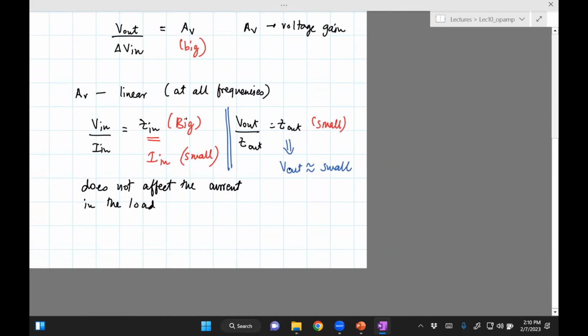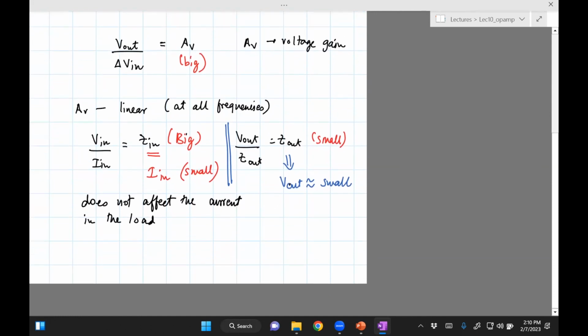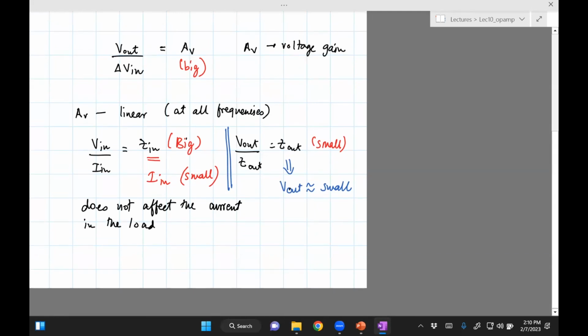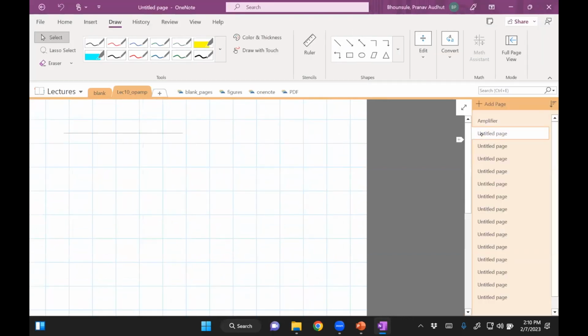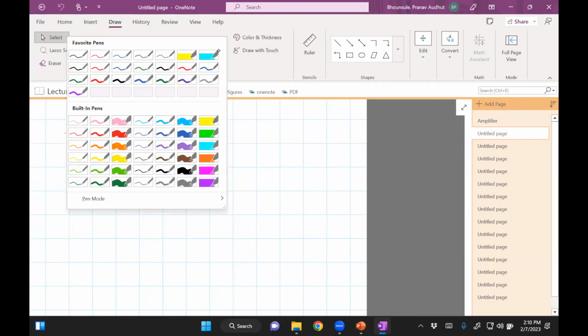So with this in mind, you don't really have to worry too much about these things because the op-amp takes care of that. It is a device which has a big input impedance and a very low output impedance. So that gets us to an operational amplifier, which is something we'll be talking about extensively here.